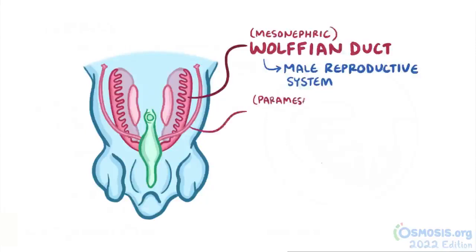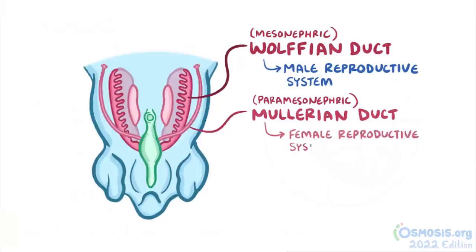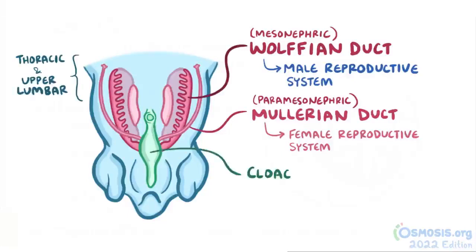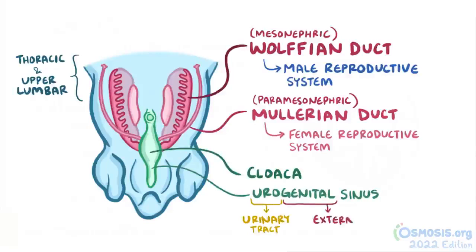The second is the paramesonephric or Müllerian duct, which is lateral to the mesonephric duct and gives rise to the female reproductive duct system. These ducts start in the thoracic and upper lumbar region, and continue down the embryo's back until they open into the part of the cloaca called the urogenital sinus, which gives rise to the urinary tract structures in the external genitalia of both sexes.